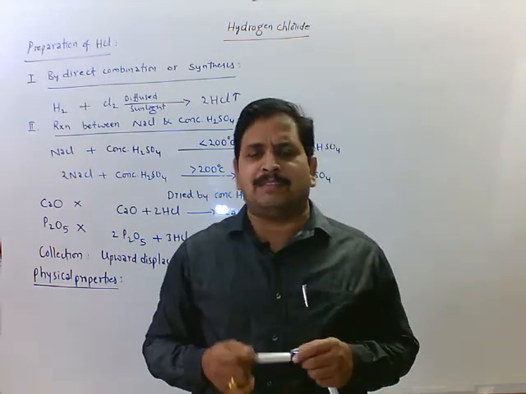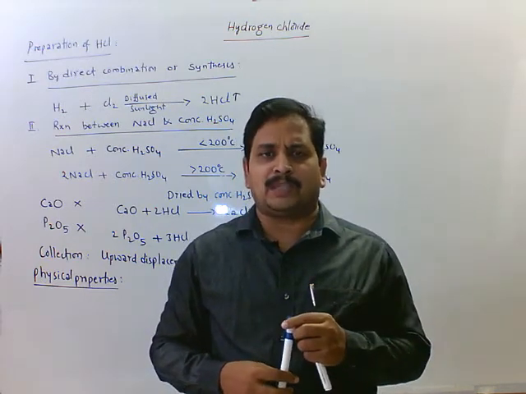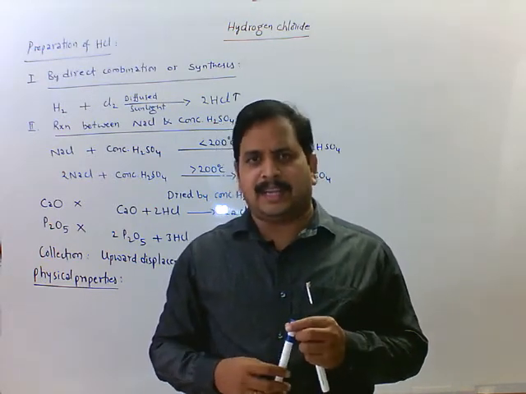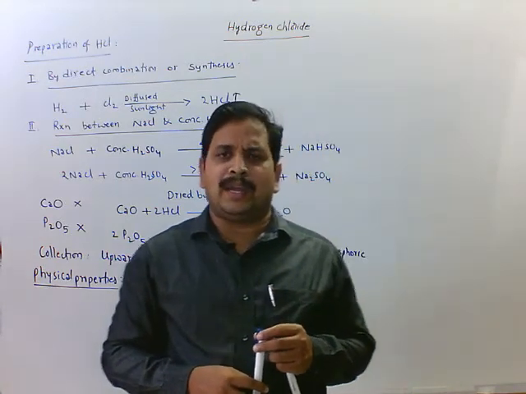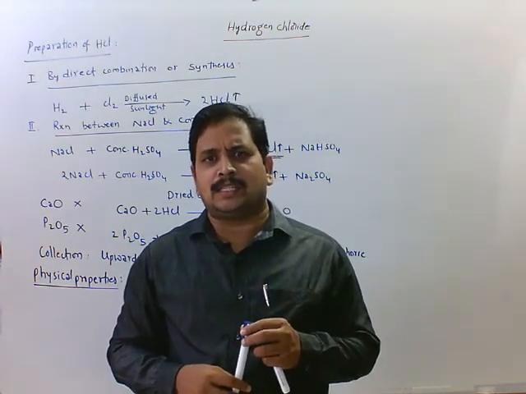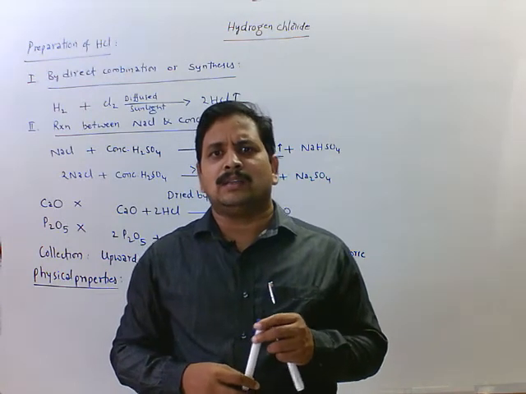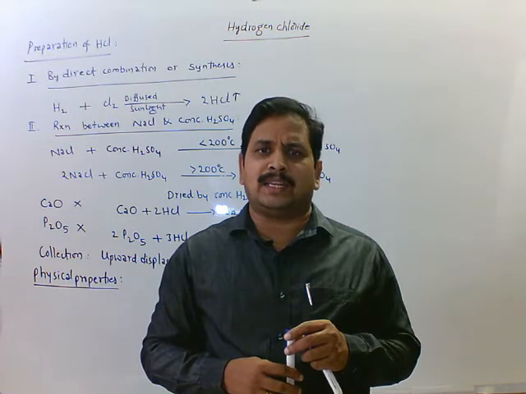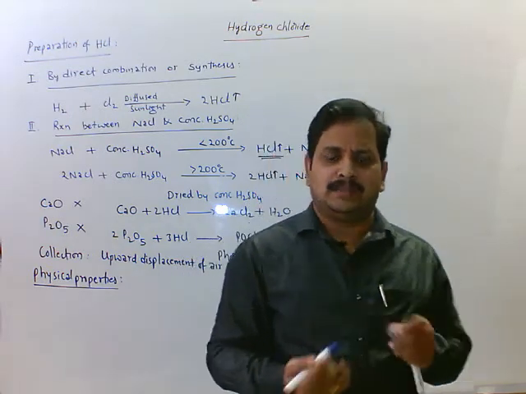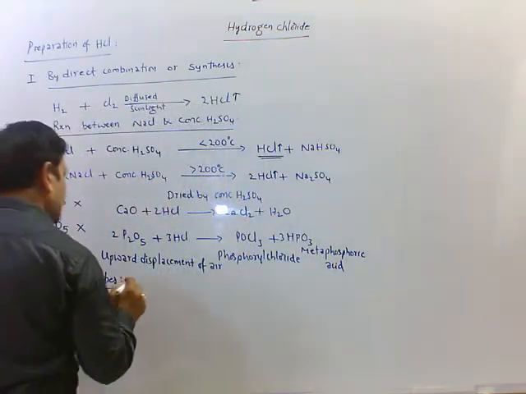That can be explained with the help of the fountain experiment. And it is acidic in nature. Its boiling point is minus 83 degrees Celsius and its melting point is minus 113 degrees Celsius.